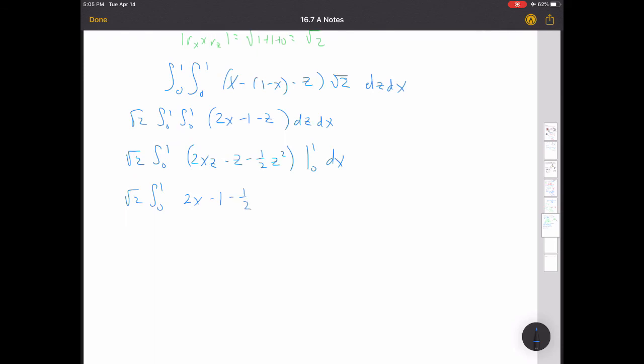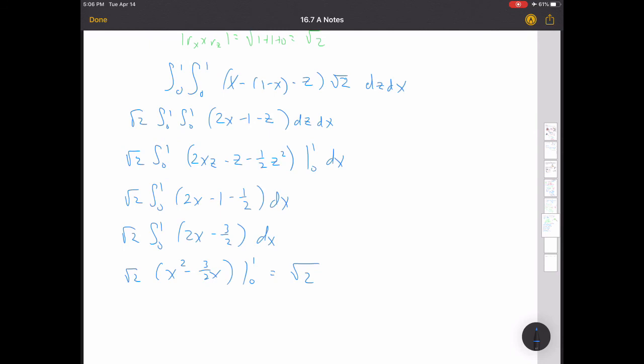Plugging in 0 for the z's makes them all go away. So really that's just the square root of 2, integral from 0 to 1 of 2x minus 3/2 dx. And then we'll take the antiderivative with respect to x. So we're going to get x squared minus 3/2 x from 0 to 1.